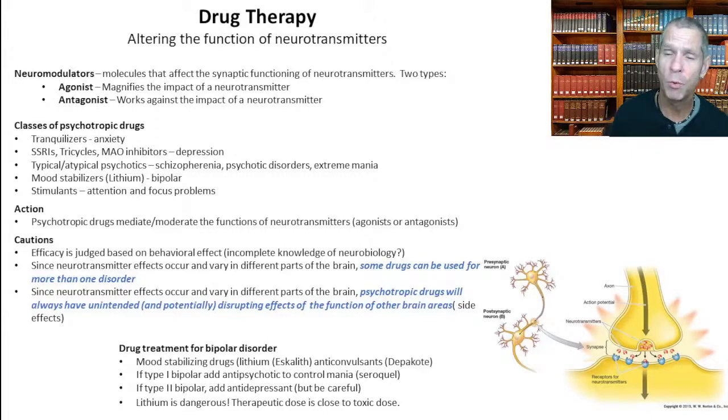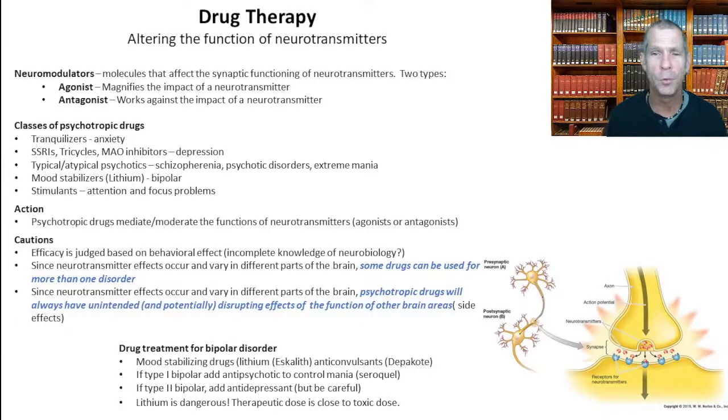Now, there are two ways we can affect these neurotransmitters. We can use what are known as agonists, and we can use antagonists. An agonist is any drug that magnifies the effect of a neurotransmitter. We know that serotonin is related to mood, and we know that drugs that magnify, that multiply the effect of serotonin tend to cause people to have a better mood.